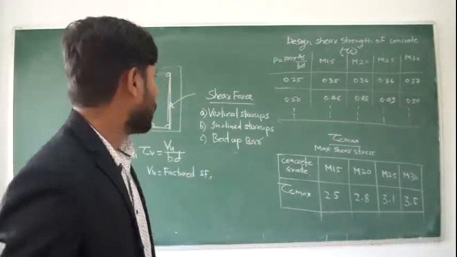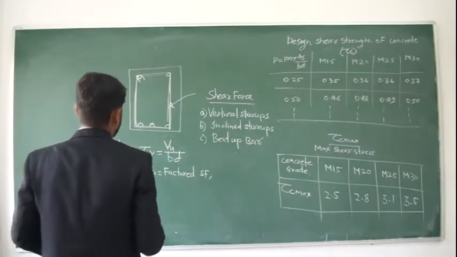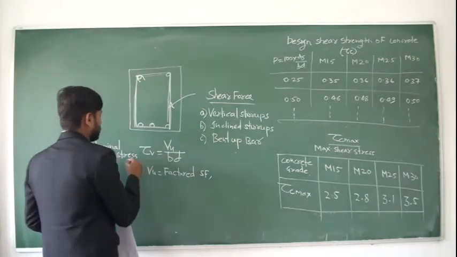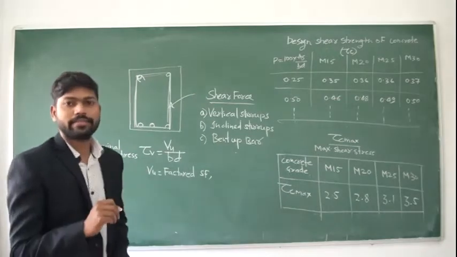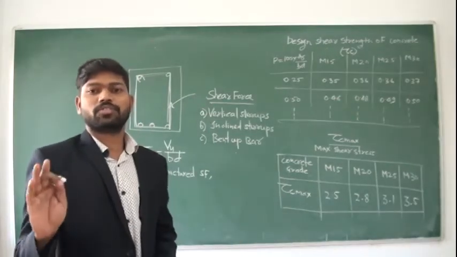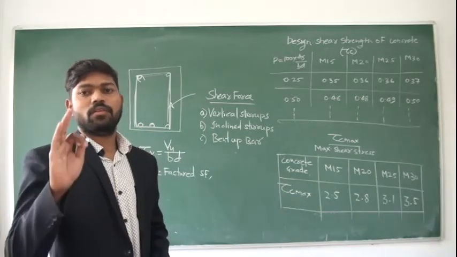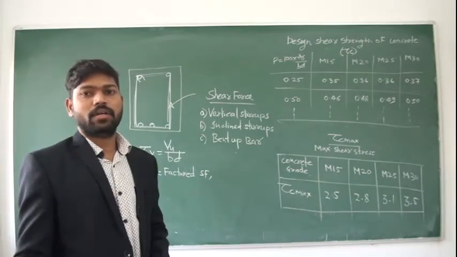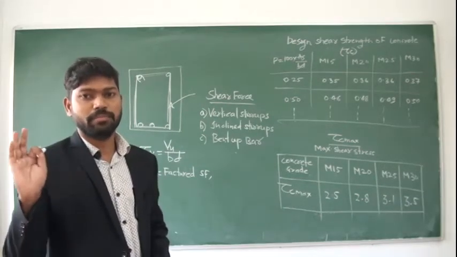So this is nominal shear stress, tau V. You can also call it the actual shear stress in the beam, VU divided by BD, or the given shear stress in the beam.